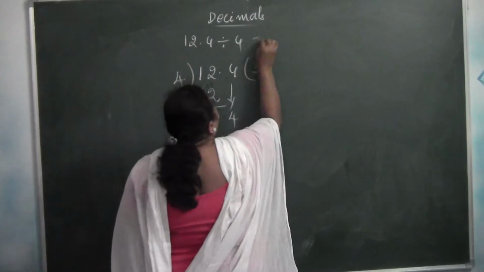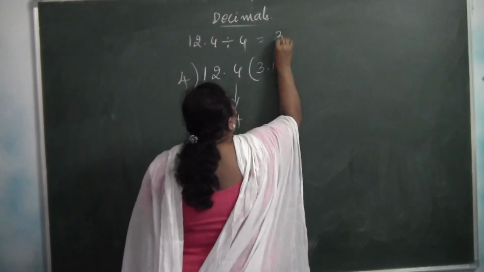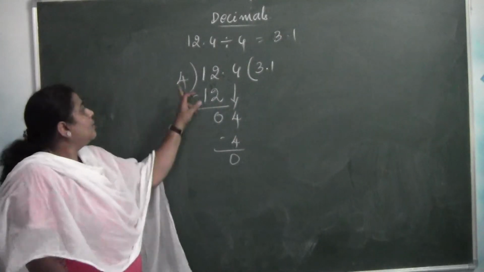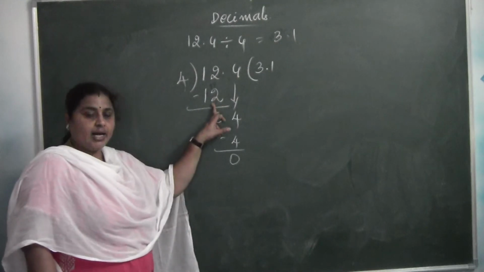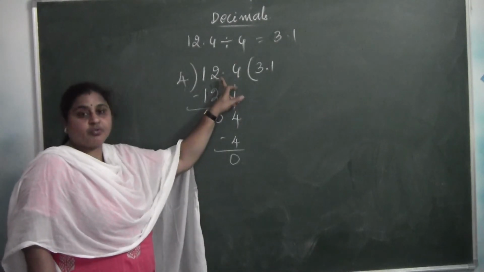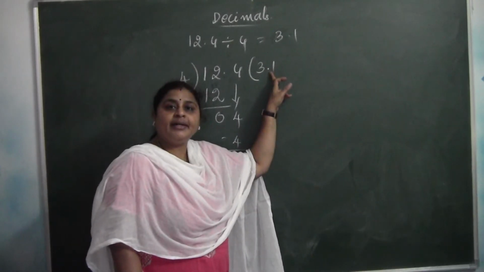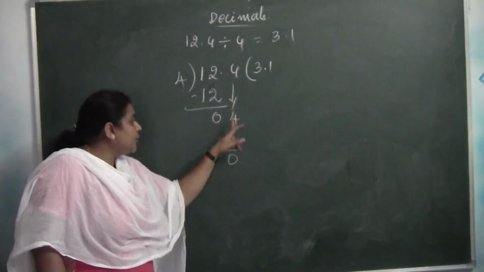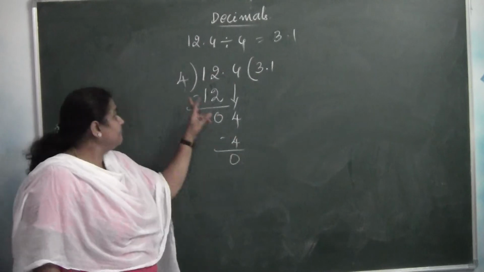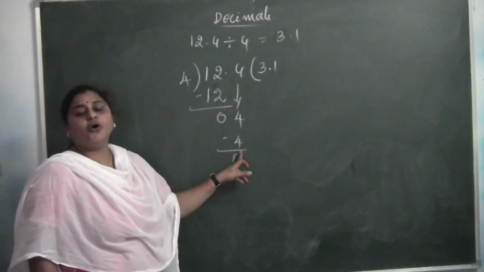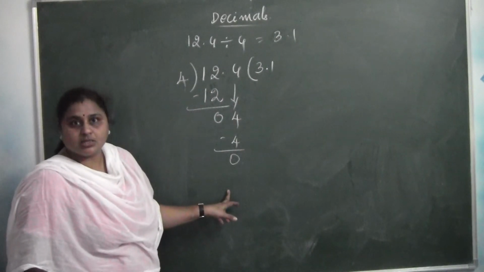So what is that? Quotient 3.1. 4 threes are 12. After 12 we have a decimal point. So we are placing a decimal point in the quotient, and then you are dropping 4 down. 4 ones are 4 and your remainder is 0.